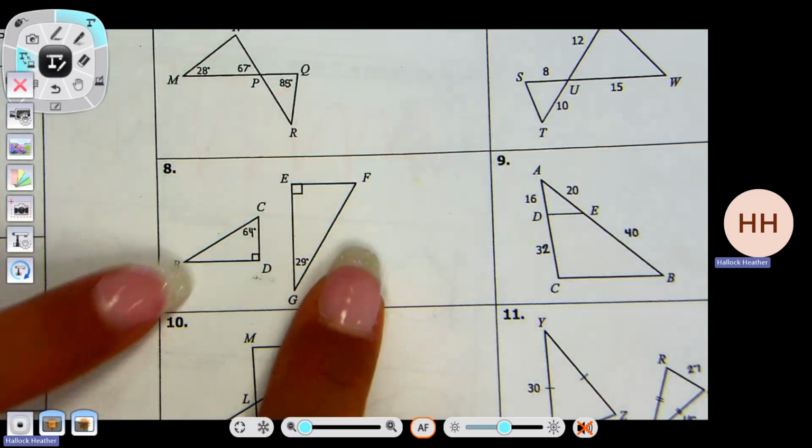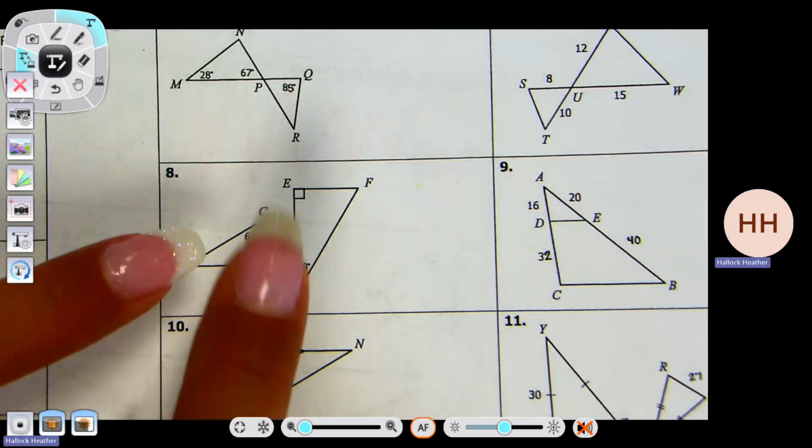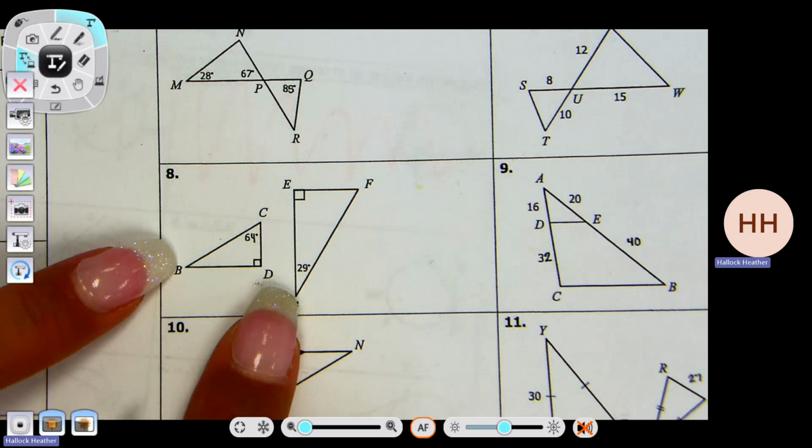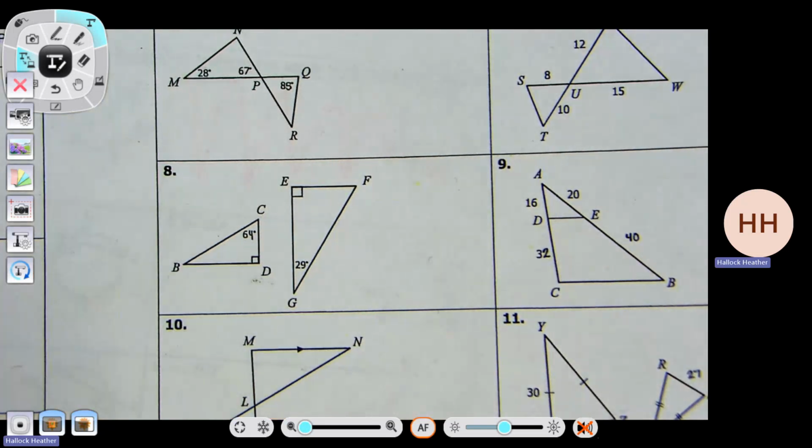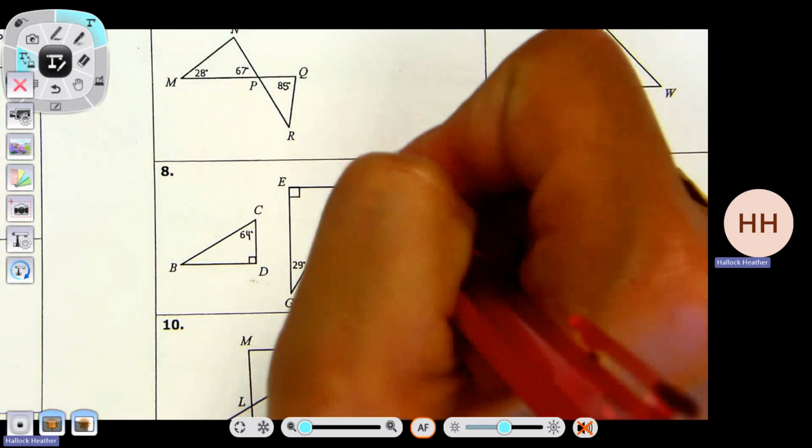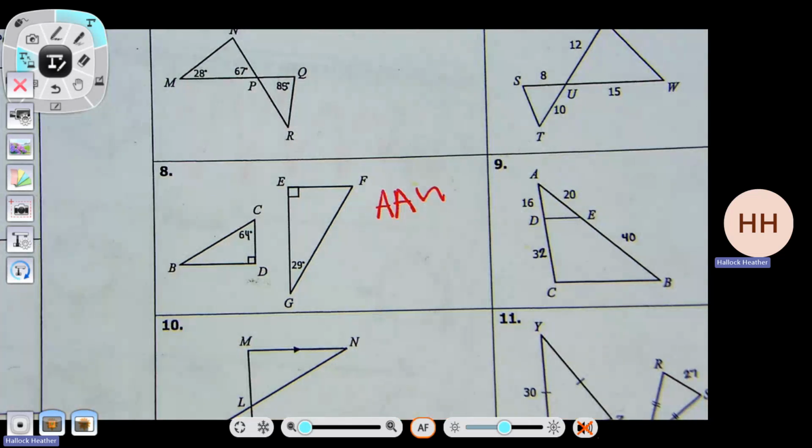Okay, so for number 8, do you have any sides? No. So automatically this would have to be angle, angle, but there is a little trickster in here. This one is not similar. Does anybody know why? The angles do not match.